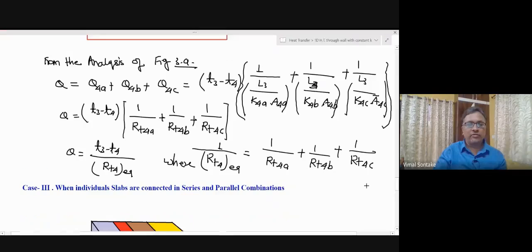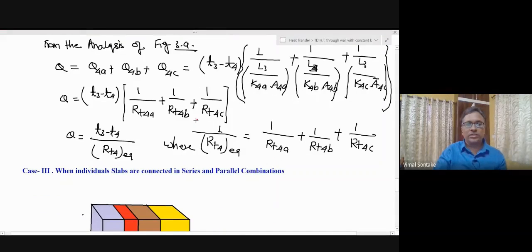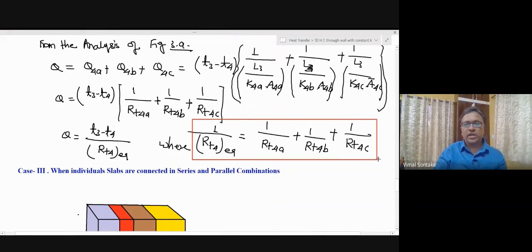So once again, I have found out this expression. Equivalent thermal resistance of the composite wall made up of 3 different materials connected in parallel arrangement. And this very fact comes from the electrical analogy of heat transfer.